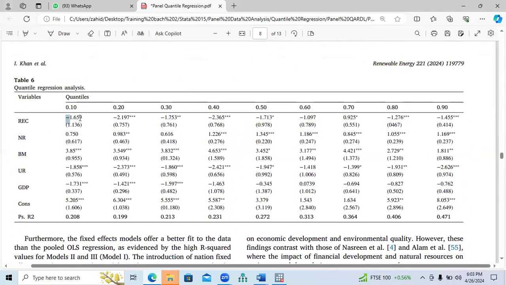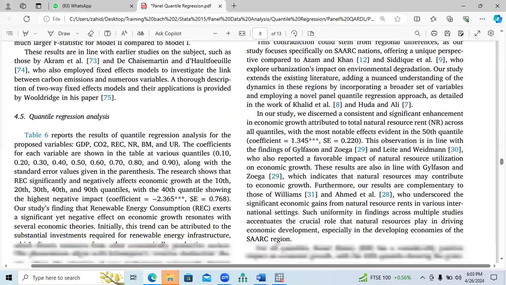It is showing the negative impact in the 10, 20, 30, 40, 50, 60 quantile. No, the 70 quantile is giving positive results. Then the 80 quantile, even the 90 quantile, while the highest coefficient value is recorded in the 40% quantile. So they are giving the same interpretation here.